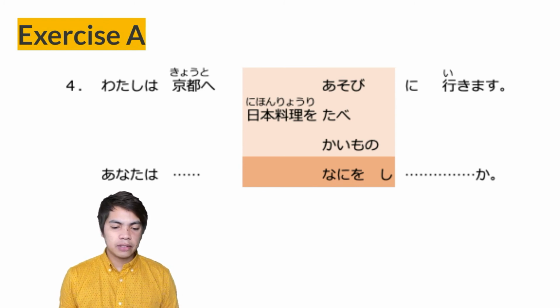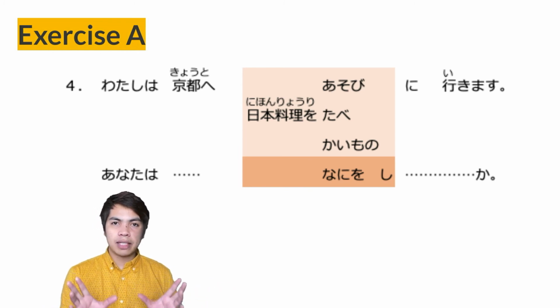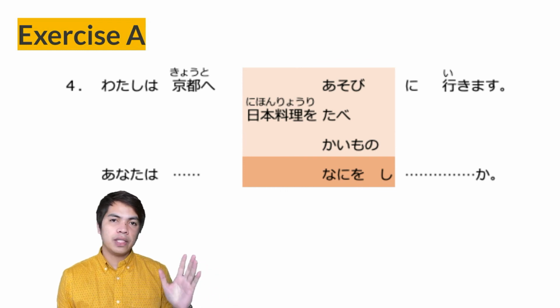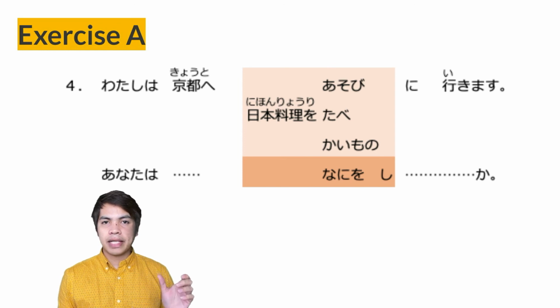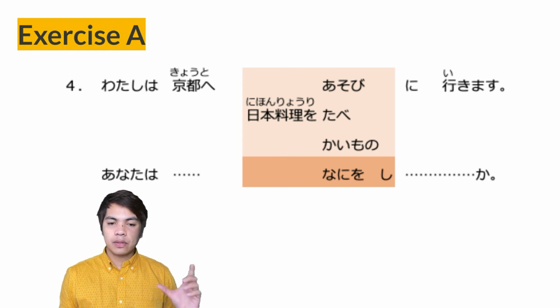So the purpose of going to Kyoto is kaimono o shimasu. Kaimono o shimasu means to go shopping, and this is a group 3 verb. We remove the o shimasu and add particle ni to make it the purpose of going.